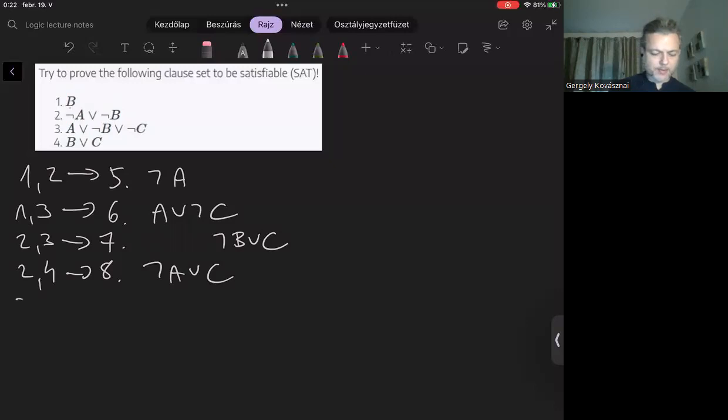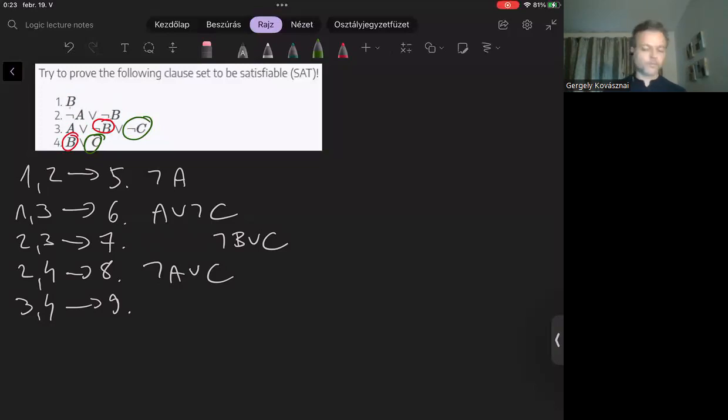Okay, in the next step, let's resolve clauses number 3 and 4. And this step is quite interesting because now we can notice that those two clauses contain two pairs of resolvable literals, not B and B, or not C and C. So the question arises, can we eliminate both pairs of literals during a resolution step, or can we eliminate only one of them?